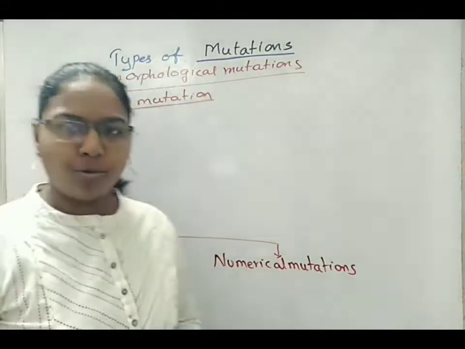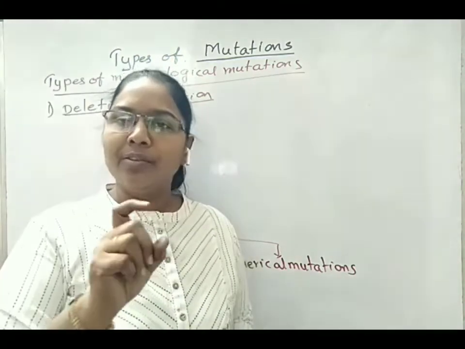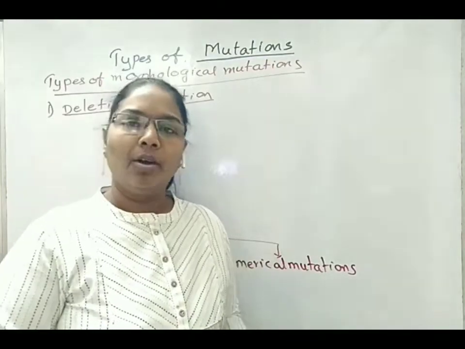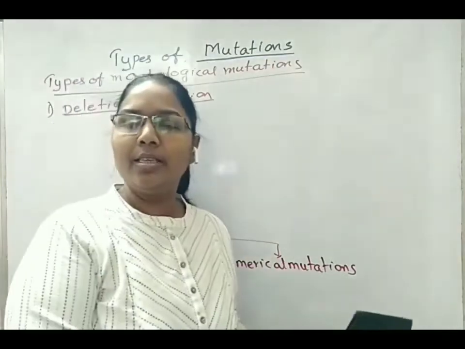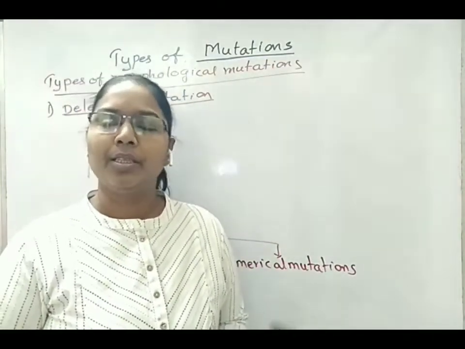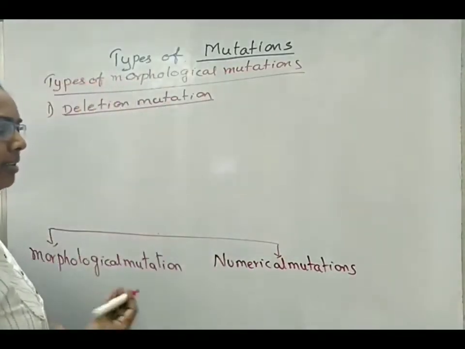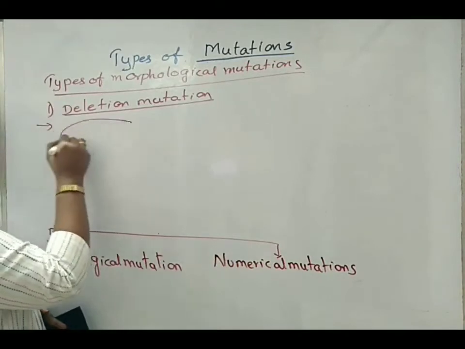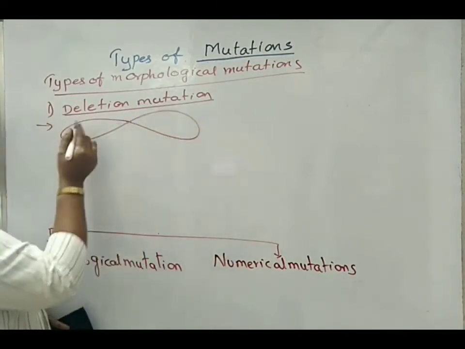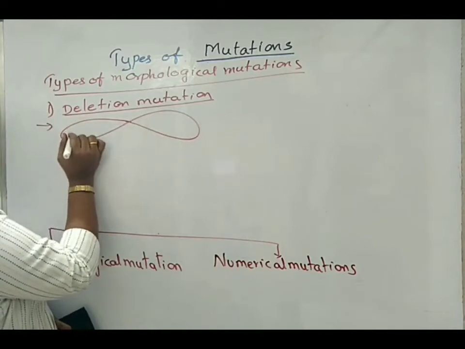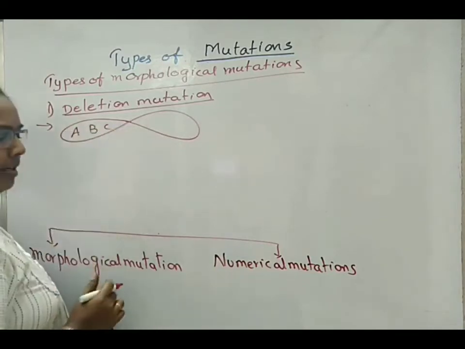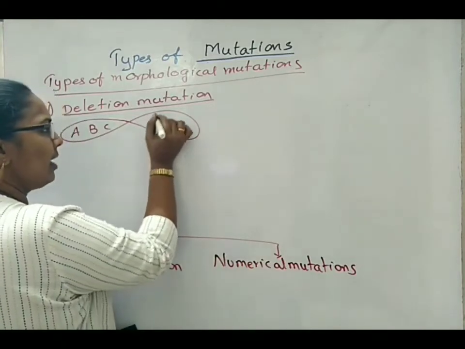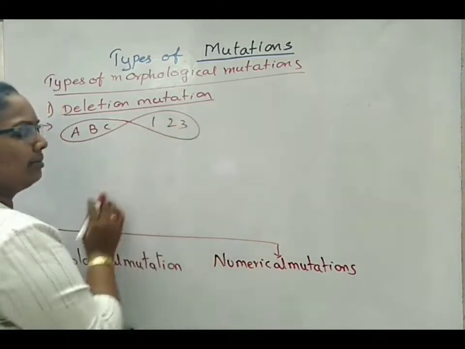If within a chromosome, any number of genes are deleted or broken, means one gene is suddenly absent inside the chromosome, then such mutations are called deletion mutations. We can represent this in a diagrammatic form like this. Suppose there are genes like A, B, C, and in another chromatid part there are other genes like 1, 2, 3.